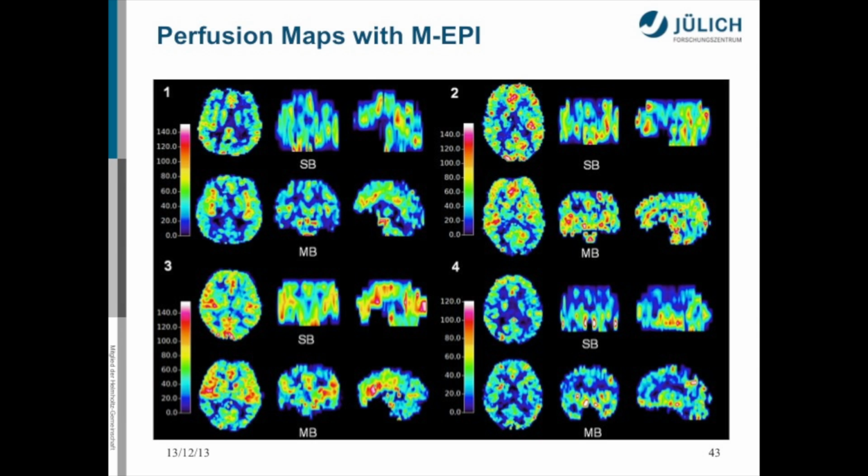We've looked at perfusion maps with EPI, multiplexed EPI, and multiplexed EPIC also. The problem here is we want to measure perfusion, but our slices are relatively thick because of time. If you multiplex, you can improve the resolution also in the Z direction. So here are the results. This is the single band, so effectively the normal method.